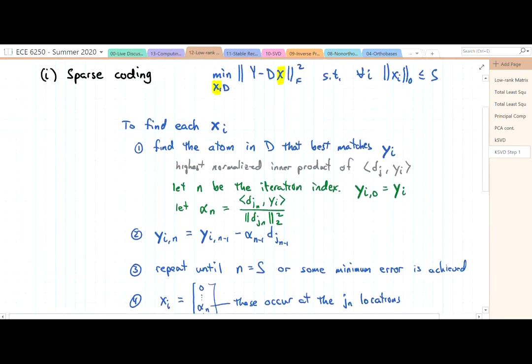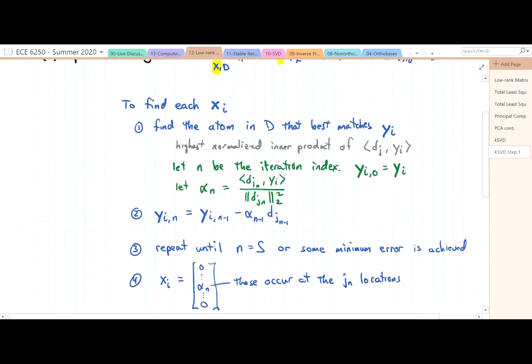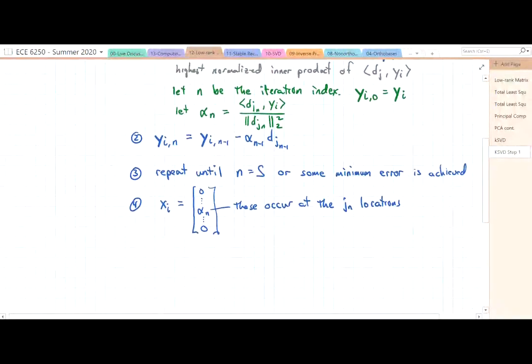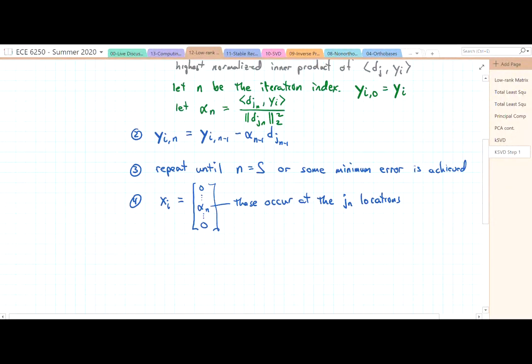Okay, so we do this for each x in here, and we just find out which ones fit the best. There are some variations on this if you want to look this up. This is called matching pursuits.